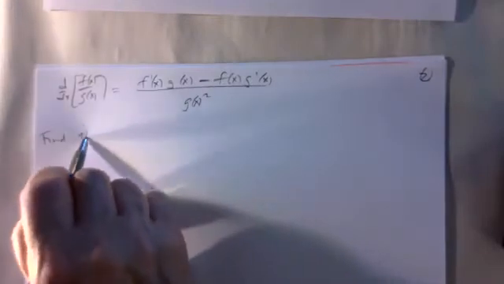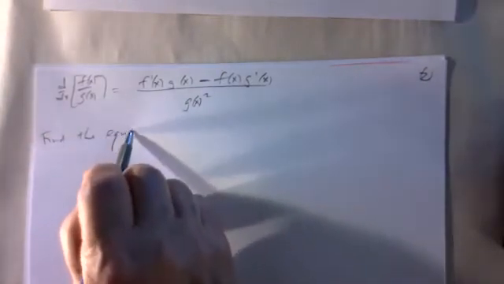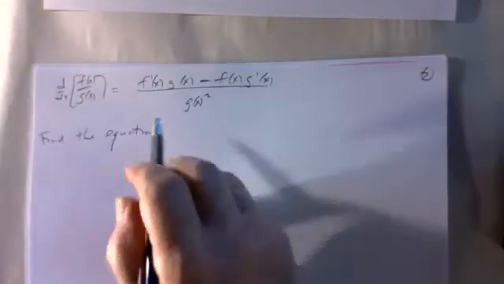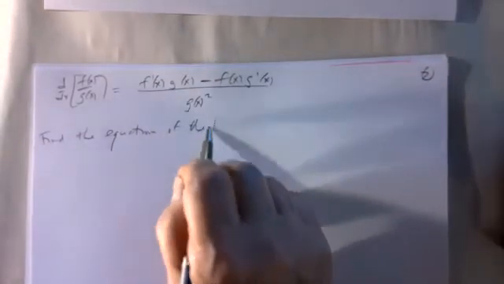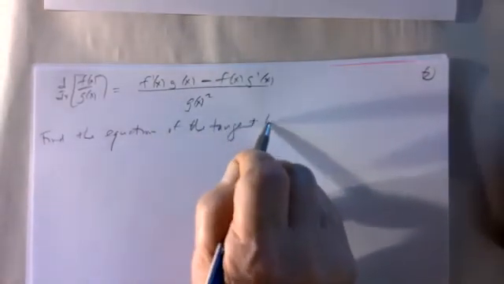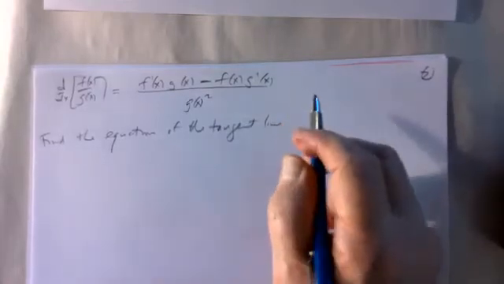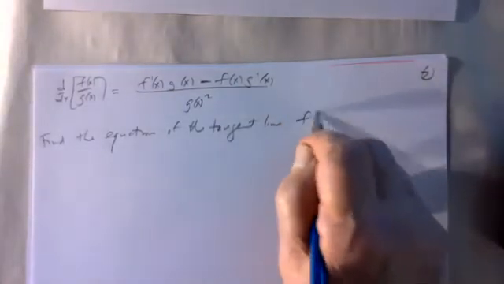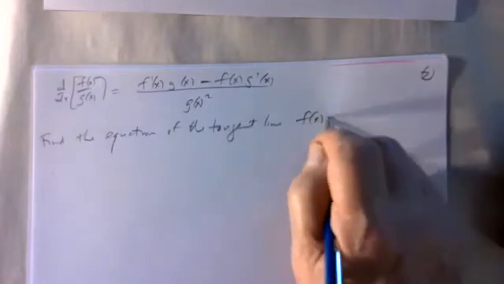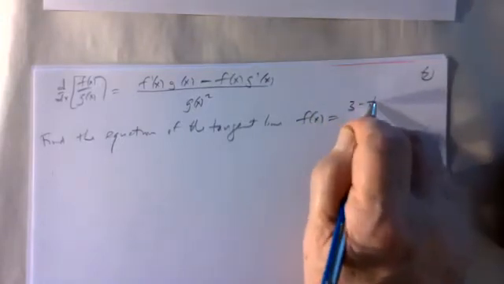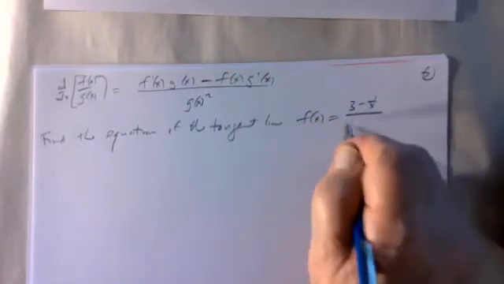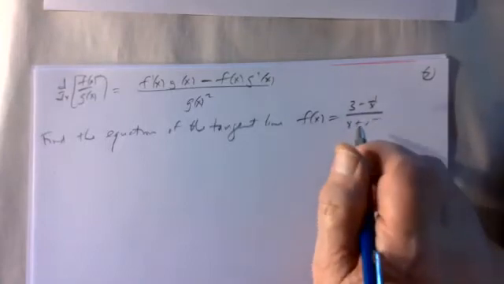So here's a problem. Find the equation of the tangent line to the graph of the function f of x equals 3 minus 1 over x, all over x plus 5.